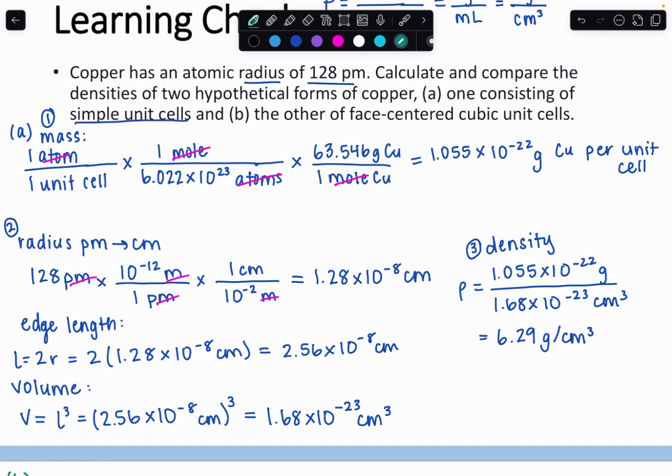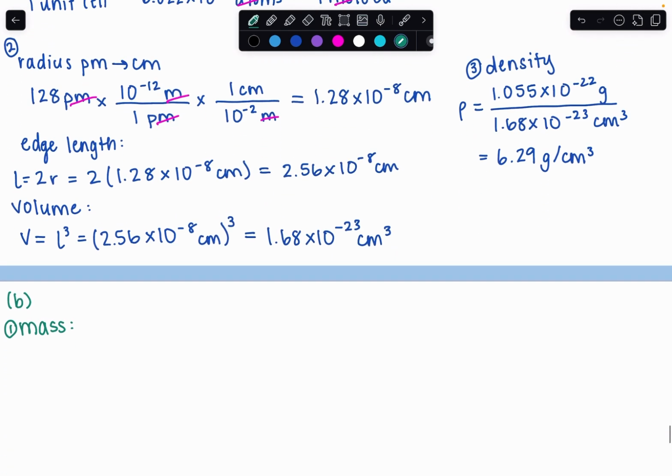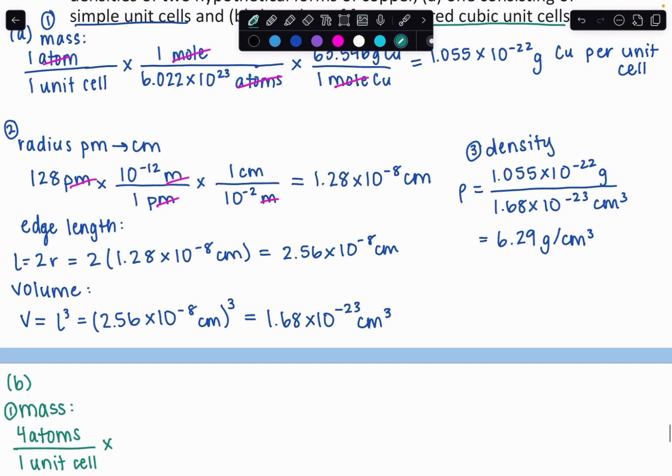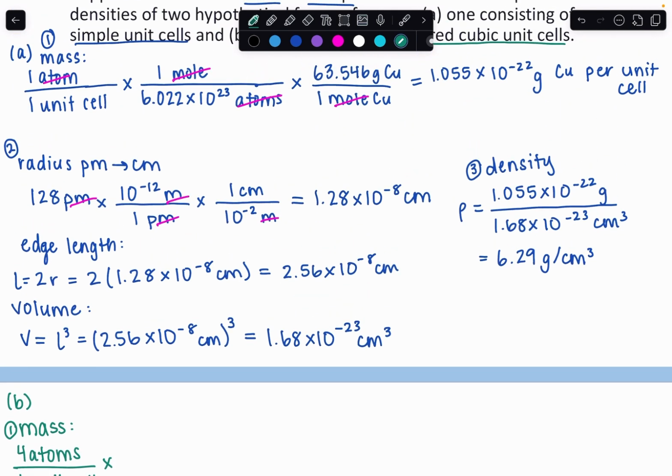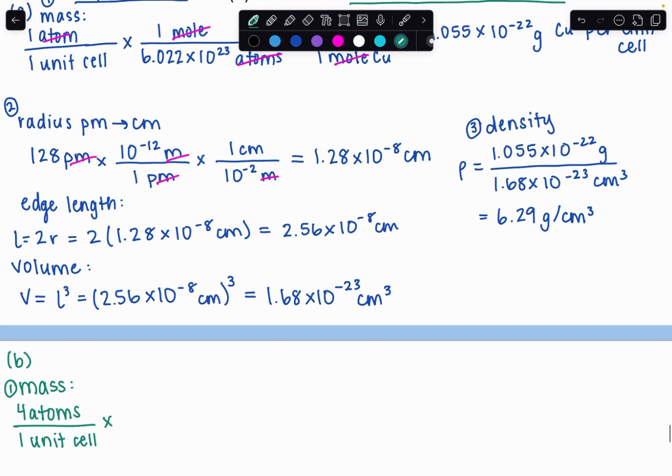Part B asks about face-centered unit cells. Face-centered unit cells have 4 atoms per unit cell. So when we're finding the mass, we need 4 atoms per 1 unit cell. And then we're doing the same conversions as up here, converting from atoms to moles and then moles to grams.